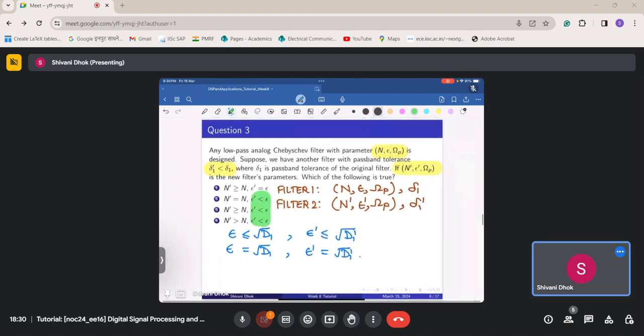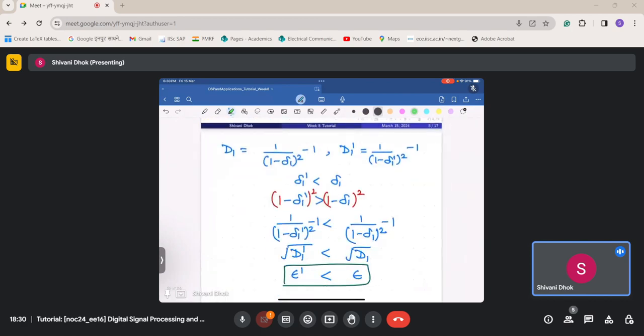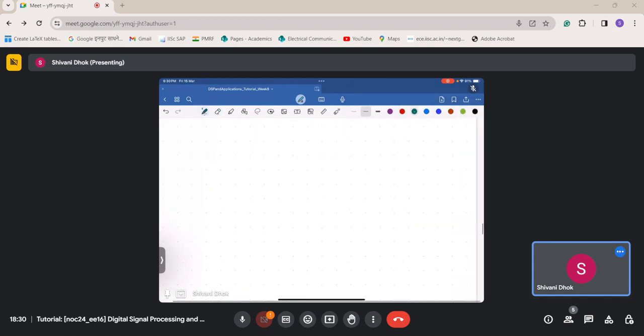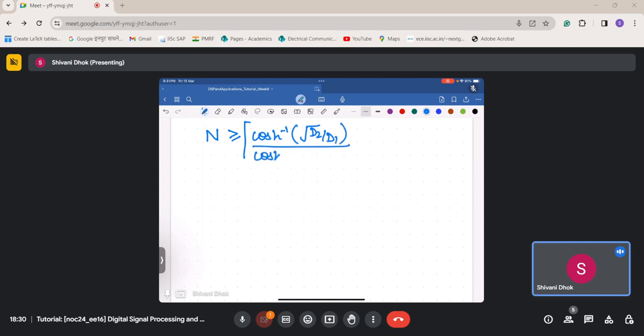Now we know the relation between these things. Let us figure out what will happen for the order. The formula for the order is n should be greater than or equal to ceil of cosh inverse of under root of d2 by d1, upon cosh inverse of omega s upon omega p.